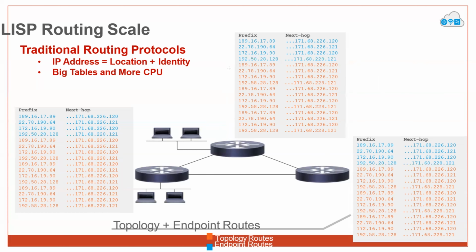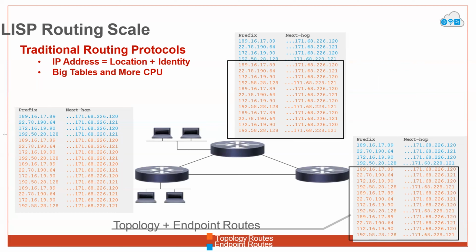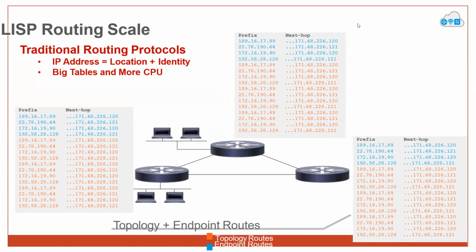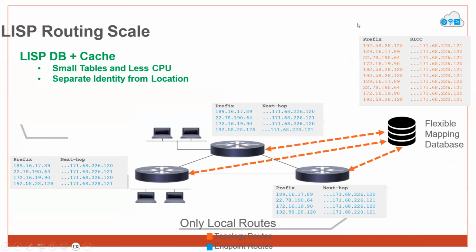So what LISP is doing is, instead of sending this information to all the routers, they are decoupling the routing table. LISP is a technology, and it's an old technology. What LISP will do, we can see here in the diagram, is that all the network information you can put in some database.